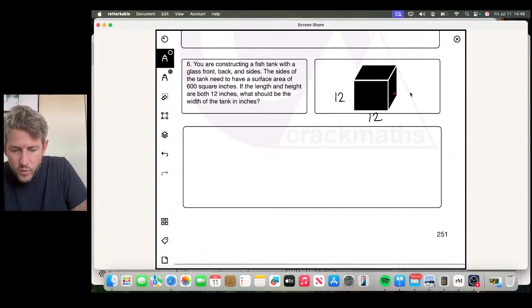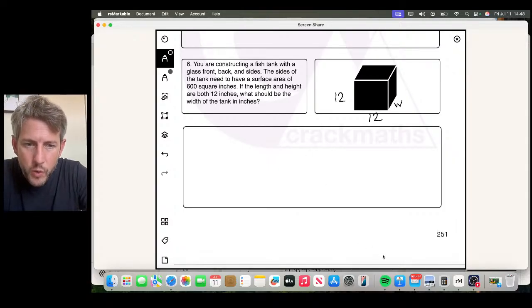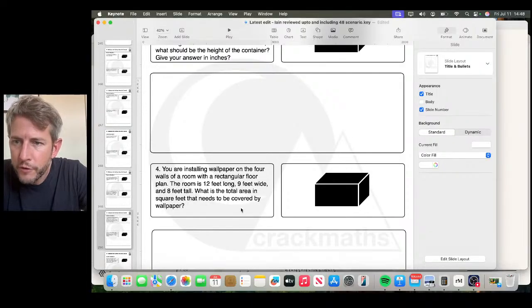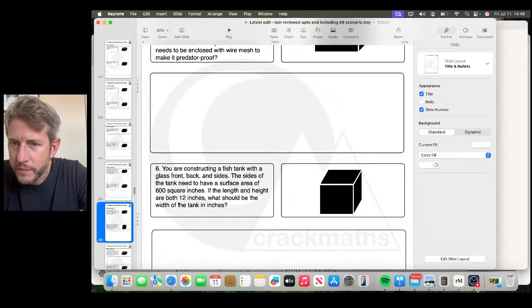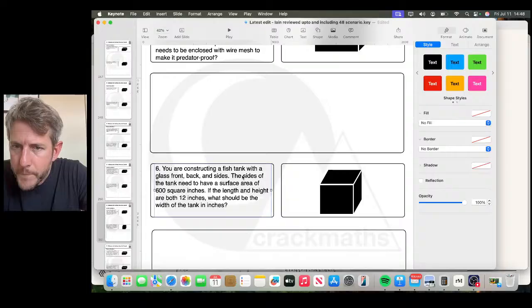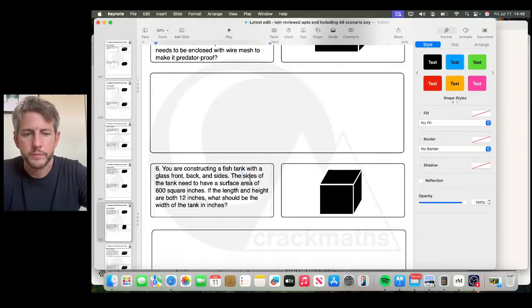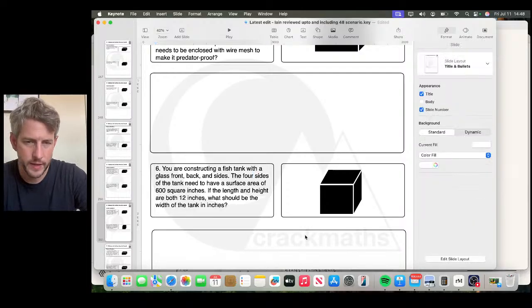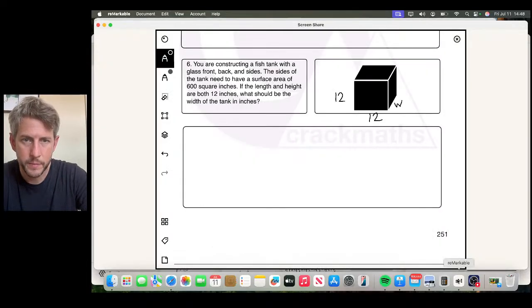Okay, so we don't know what the width is. I'm just going to quickly add the word 4 into that question. The 4 sides of the tank. There we go. And then let's come back to this.